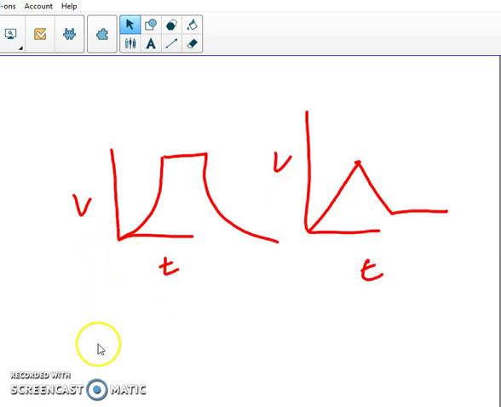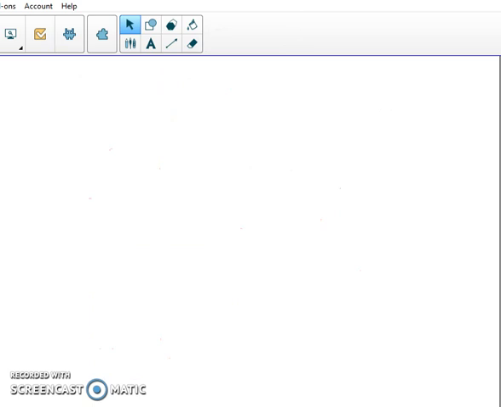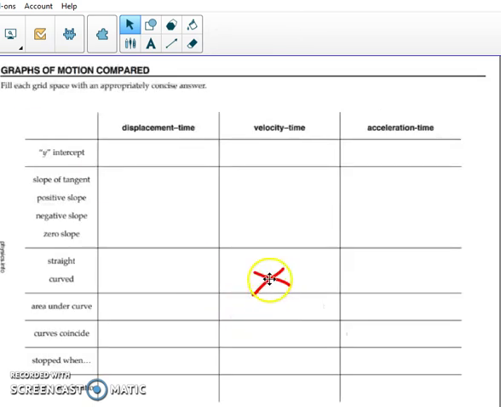Unlike position versus time graphs, which can have curves, and the curves represent acceleration. So a position versus time graph will have curves, but velocity versus time graphs do not. You'll never see it in this class unless you take higher level physics, where you can learn that math. All right, so again, we're never going to see that.